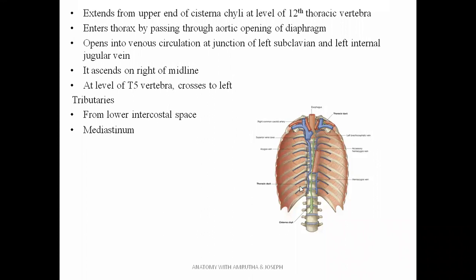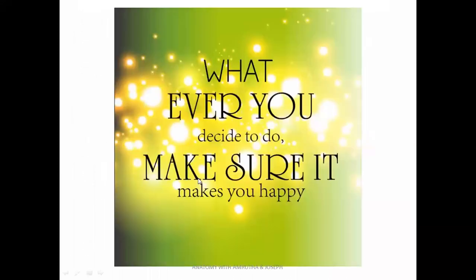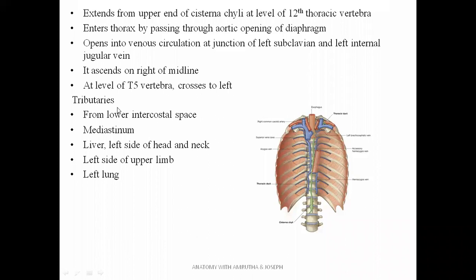So the lower intercostal spaces drain into the thoracic duct, also the liver and left side of the head and neck region. Most of the body areas drain into the thoracic duct, including the left side of the upper limb and left lung.